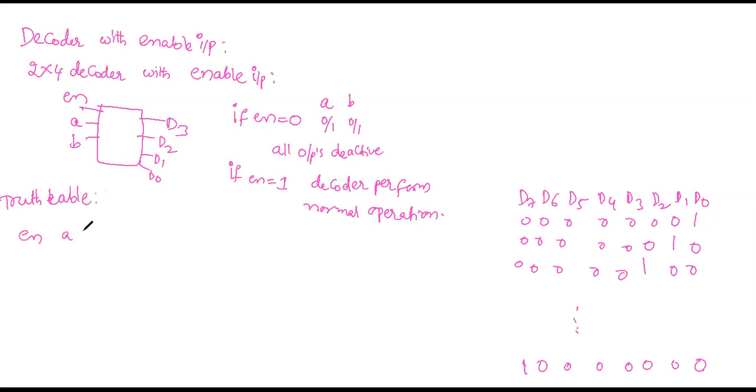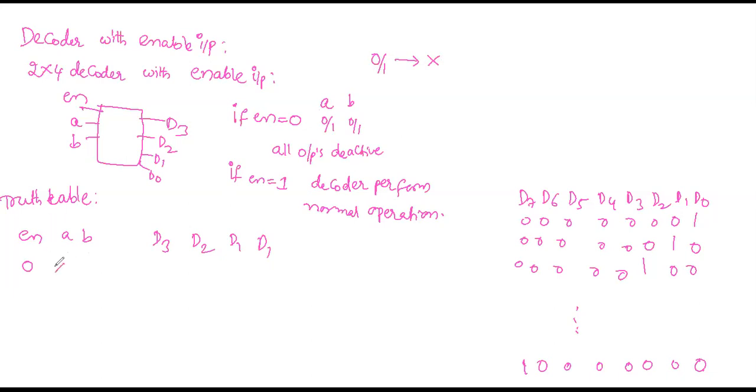Enable, A, B, D3, D2, D1, D0. Enable is 0. If enable is 0, whatever A and B may be, whether it is 0 or 1, we indicate this with X, don't care. Whether A is 0 or 1, we do not bother.